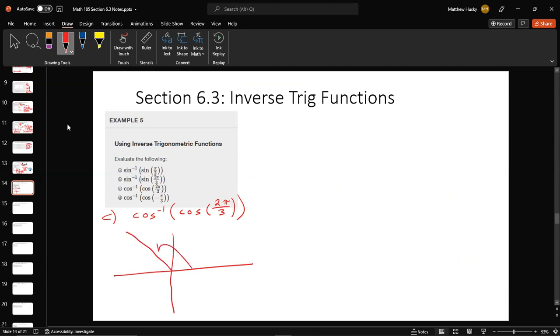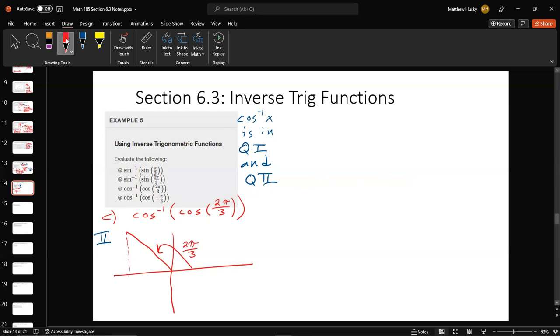We were actually just looking at 2 pi over 3. And this again is in quadrant 2. For cosine, that is okay. Cosine inverse is in Q1 and Q2. So being in quadrant 2 for cosine inverse is actually perfectly fine.